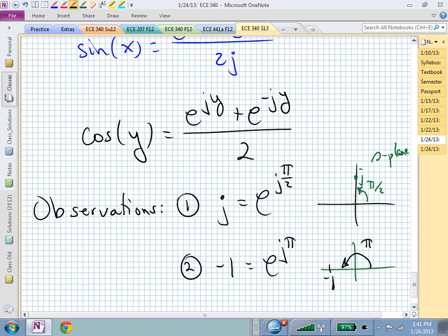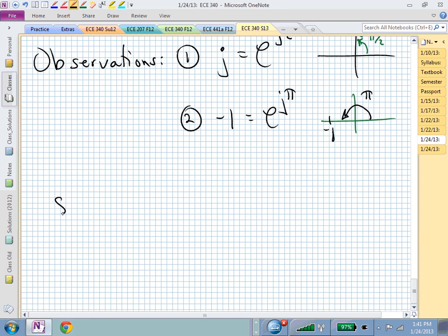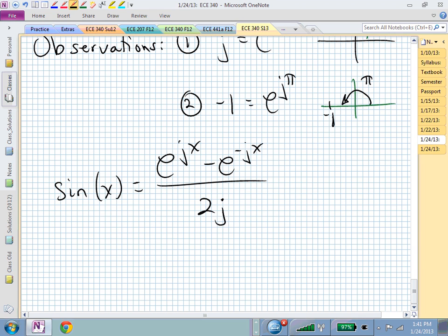So using those in my sine expression, I'm going to try to come up with a cosine. If I start with sine, that was e to the jx minus e to the minus jx over 2j. Let me use my two observations. I can now say that that's e to the jx. I haven't changed anything, but now let me rewrite that -1.